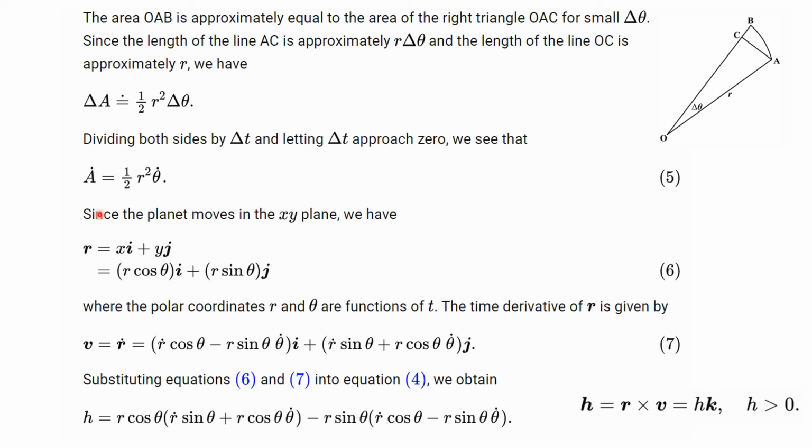Now, since the planet moves in a plane, and we've already established that, we can talk about polar coordinates. And so we're going to say that r is xi plus yj. By using polar coordinates, that is r cosine theta i plus r sine theta j. And those are the polar coordinates. But now we're going to take the derivative of this with respect to time, and it's important to remember that r is a function of t, it changes, and theta is also a function of t.